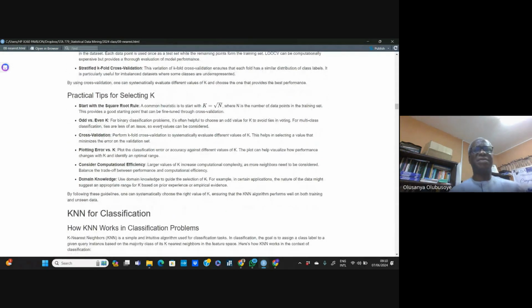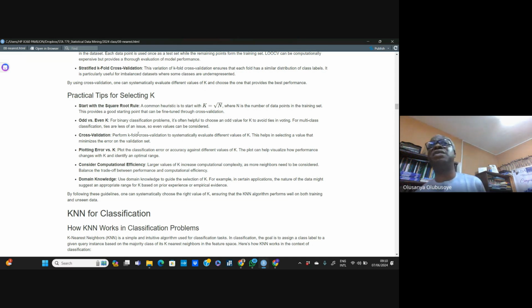But there are very important tips you need to be mindful of when you are selecting your K. If you are completely blank as to what you should start with, a rule of thumb is to look at how many observations you have and take the square root of the number of data points you have.